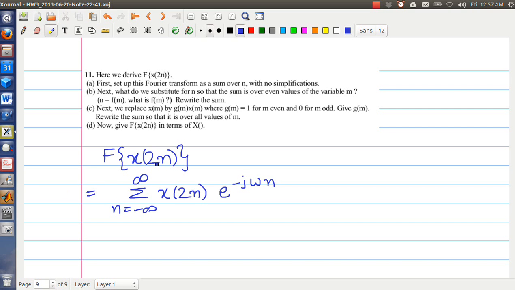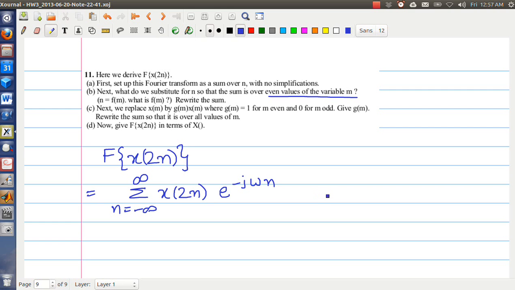That's what this is. Now this is over all values of n. We need to substitute something else for n so that the sum is over even values of the variable m.